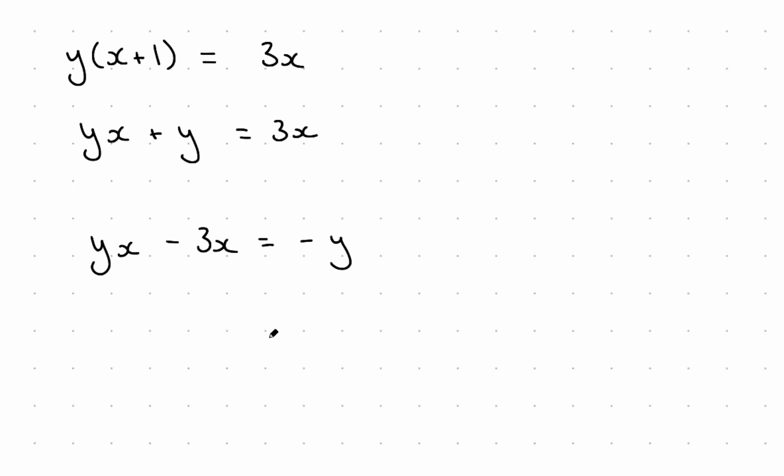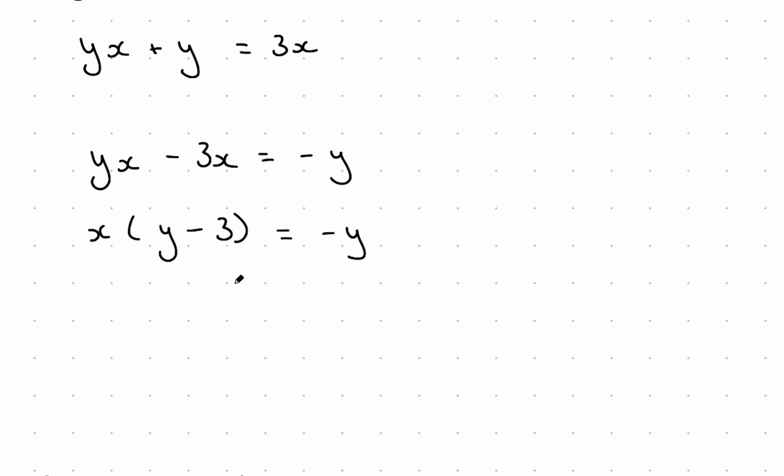And here is where we need to be kind of clever with our algebra. So we want to get this in terms of x. And if you look at those two expressions here, we can see that they both have x in common as a common factor. So I can factorize out x, and I'm going to have y minus 3 is equal to minus y. Now what I can do, if I want to get rid of the multiply here, is divide both sides by y minus 3.